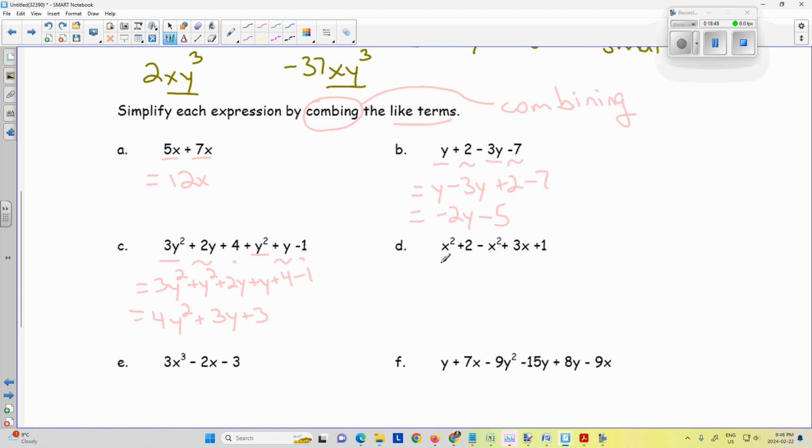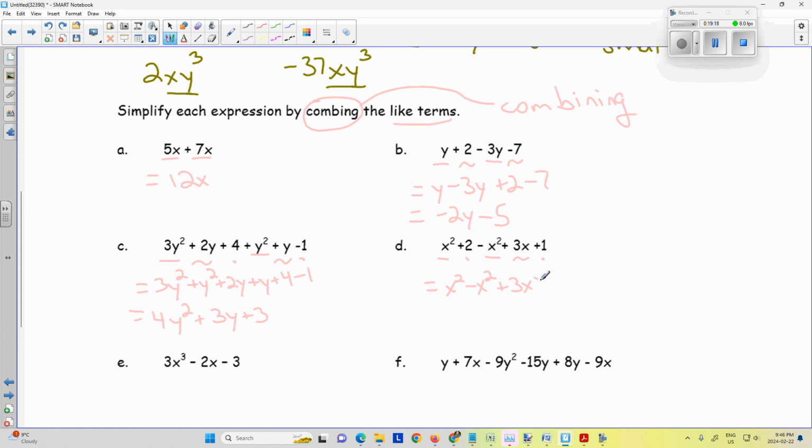We're going to identify what we have here. We've got x squareds, we have an x, we have a constant, we have a constant. Let me make that a little bit bigger. So I'm just going to write it out, extra step, x squared minus x squared plus 3x. And notice I'm trying to do this already in descending order, like we talked about earlier.